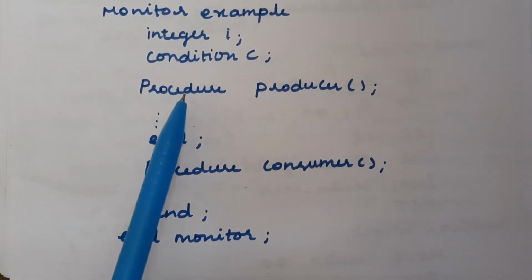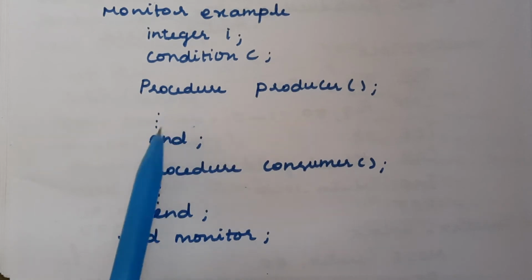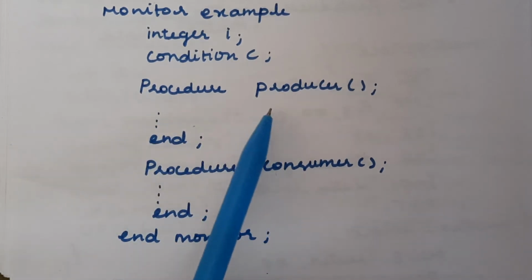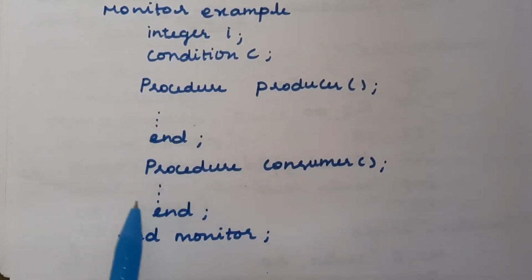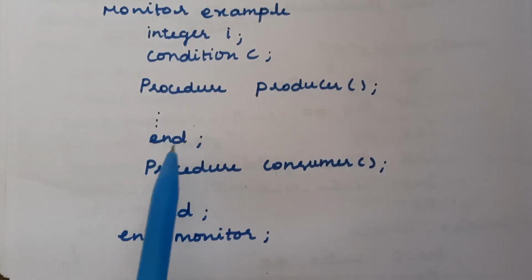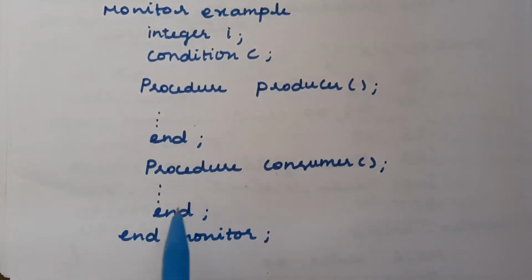So we have separate procedures for these two processes, the producer and the consumer, and end represents the end of that particular procedure. We can have more procedures in the same monitor, and some variables, and also some data structures, right?